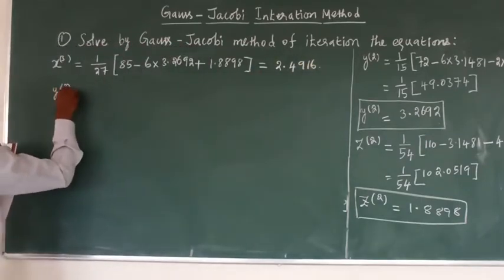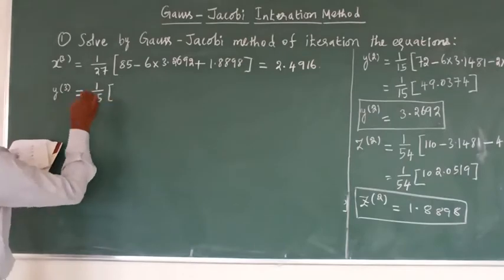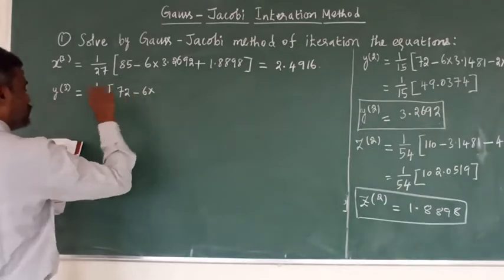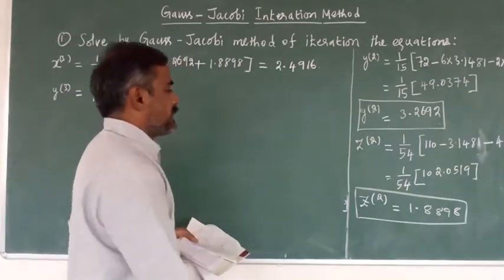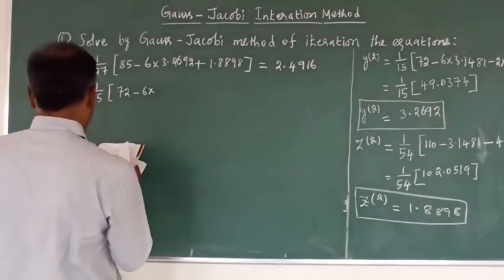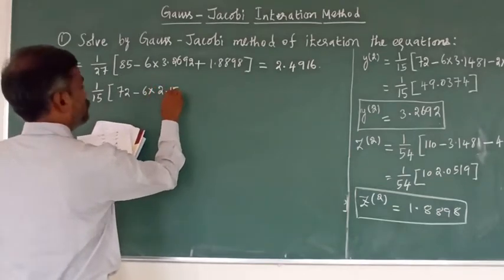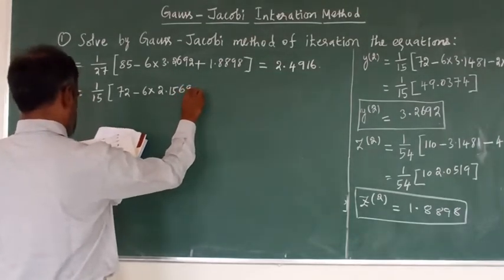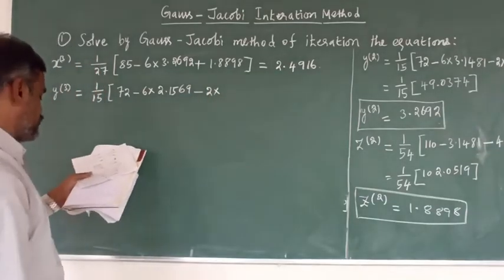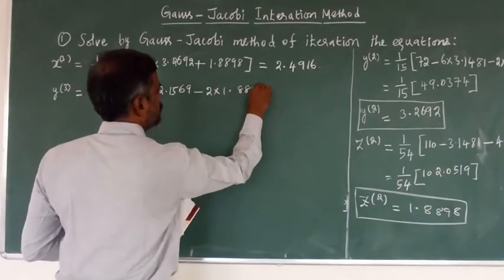Third iteration of y: 1/15 (72 - 6 into x value of iteration 2, 2.1569, minus 2 into z value of the second iteration, 1.8898).